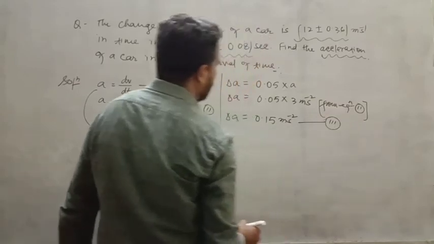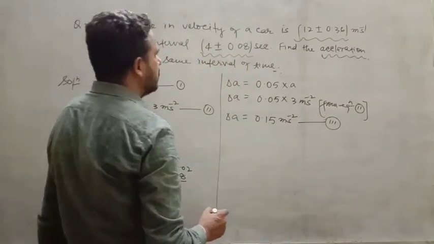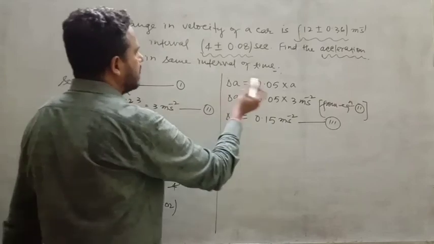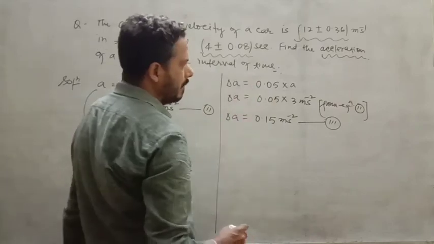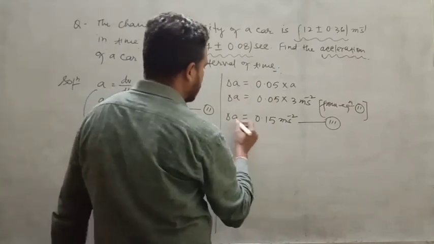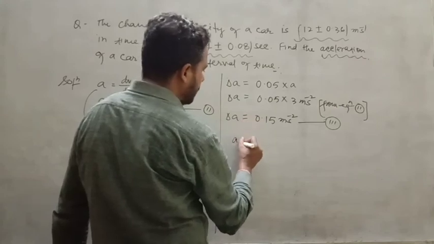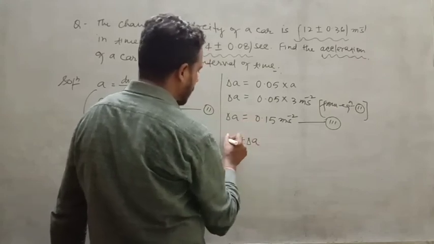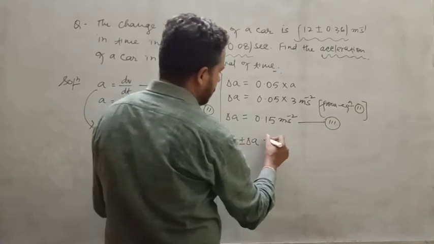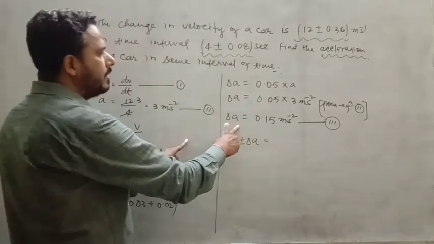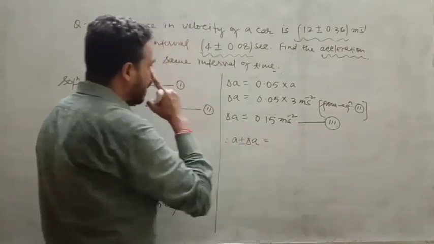Now you have to find the acceleration in the same interval of time with its limit. So your acceleration is a plus minus delta a, where delta a is from here and a is from equation 2.